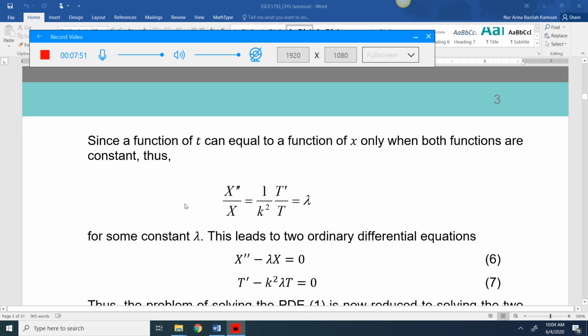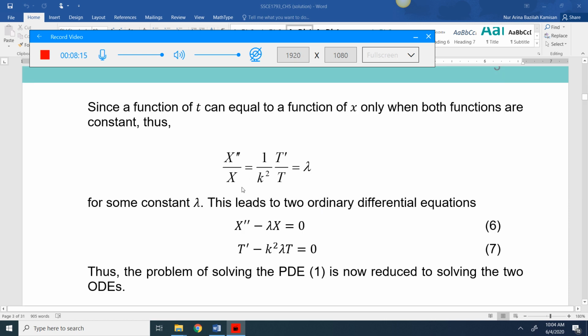Since a function of t can equal a function of x only when both functions are constant, we say that this equation is equal to λ, where λ is a constant. When you have this condition, you can write this equation as two separate ordinary differential equations.